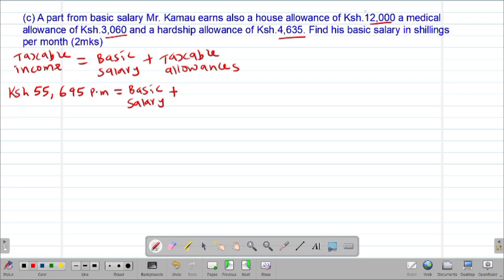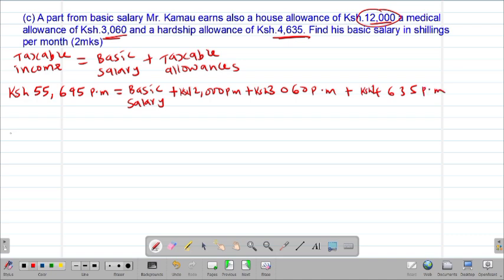We are given a house allowance of 12,000, which is in shillings per month. Then I'm going to add a medical allowance of 3,060, which is also in Kenya shillings per month. Then I add a hardship allowance of 4,635. This is also in Kenya shillings per month.